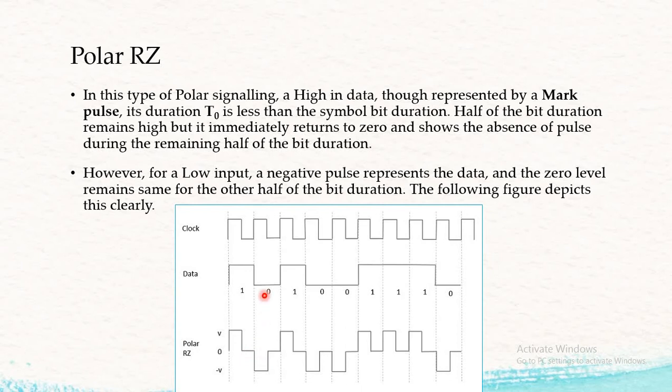Now for the low input, if your input is low or 0, the first half of the pulse is represented by a negative pulse, and the 0 level remains for the other half of the bit duration. Means for 1, the first half is high and the next half is 0. For 0, the first portion is negative V and the next portion is 0 level only. This is how we represent a polar RZ signal.